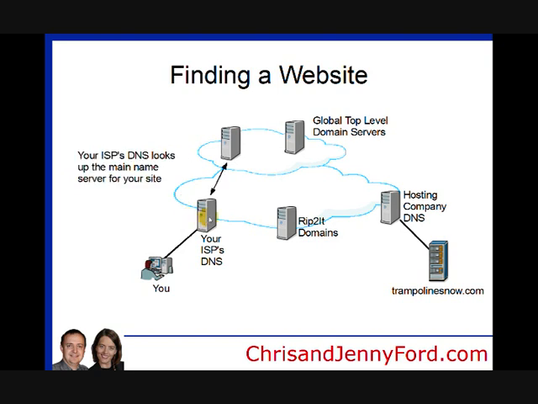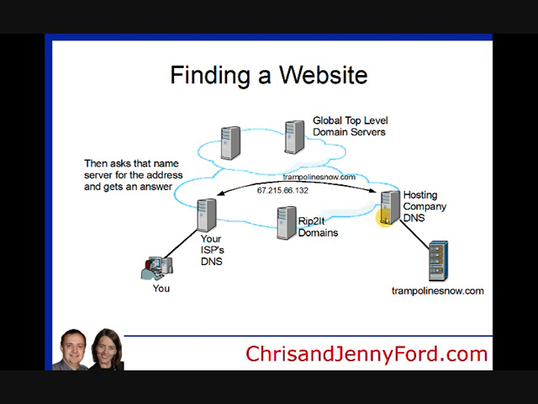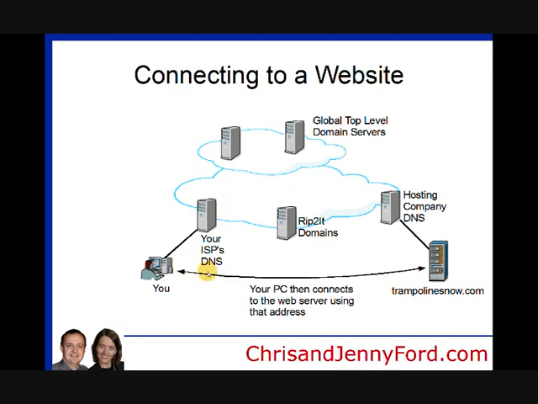Your ISP's domain name server will then ask the global internet address book, which will tell it that the domain name server of your hosting company is the one that knows the answer. And so your internet service provider's name server will say, can you give me the address for Trampolines Now? And this domain server will send back the correct address. And now your computer can connect to the web server using that address.